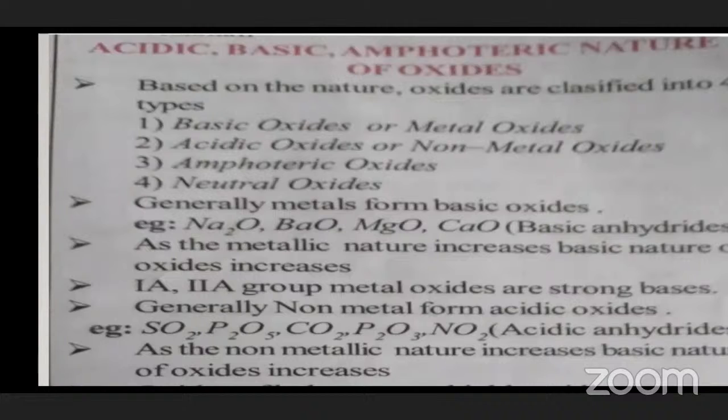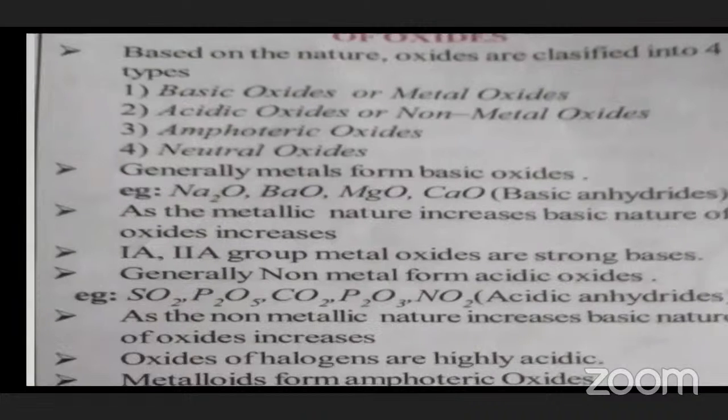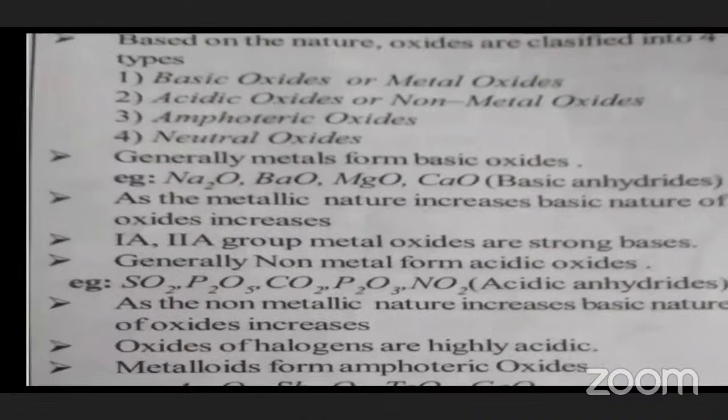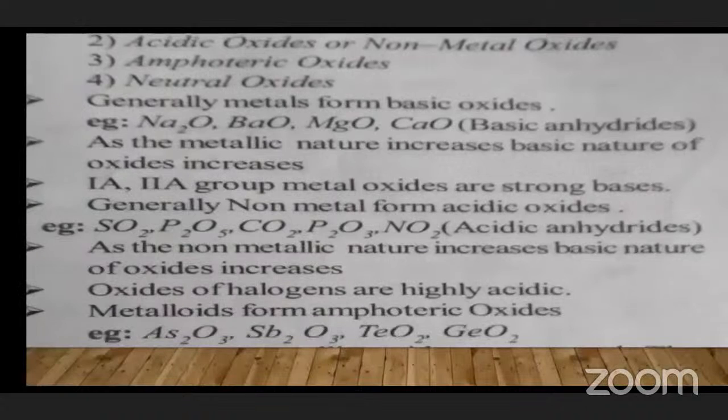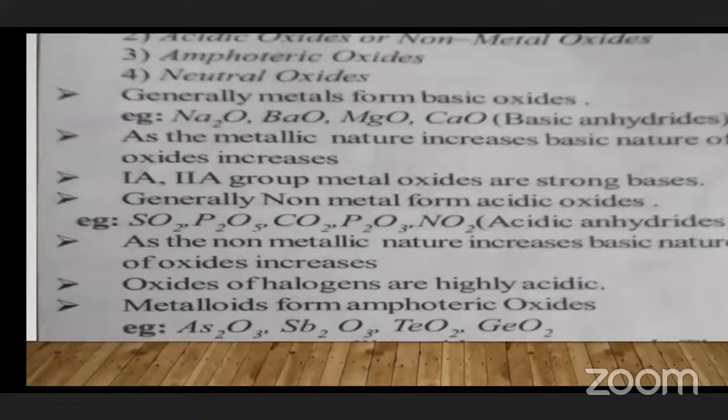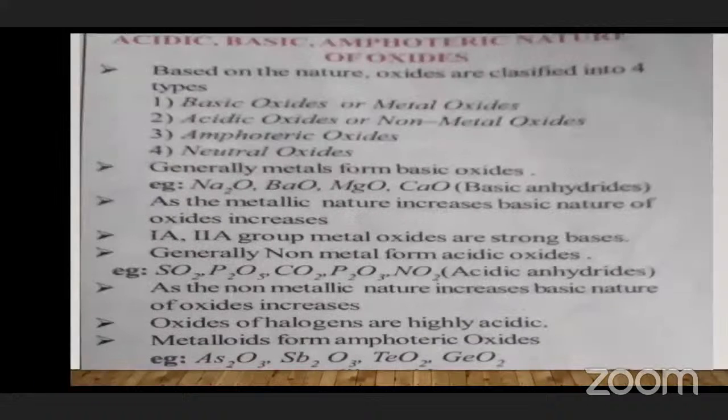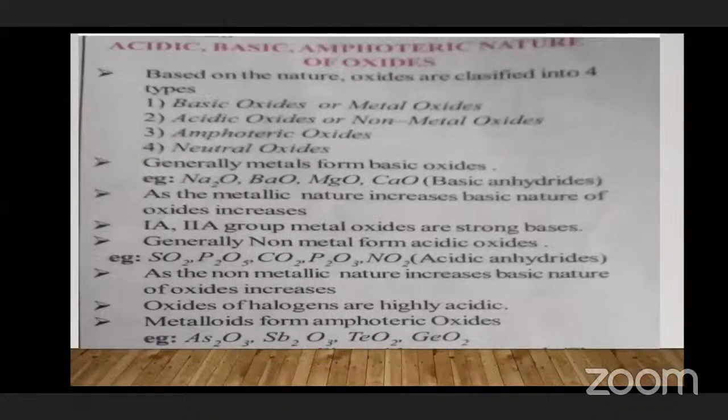After that, we have also discussed some amphoteric oxides and neutral oxides. For example, carbon monoxide, which does not have acidic nature or basic nature here itself.